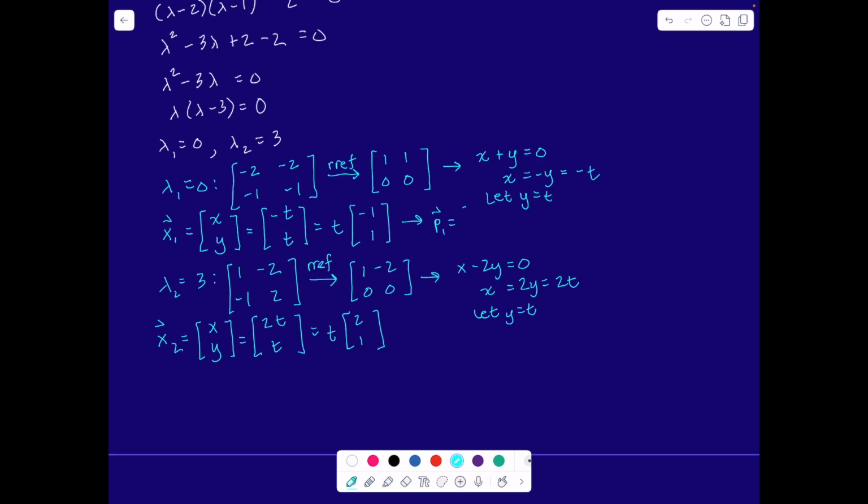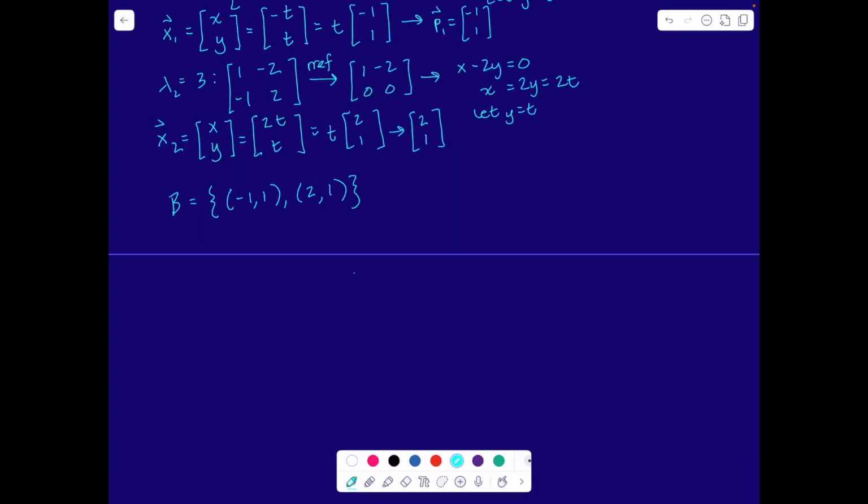Now, when you find a basis for that, we can say that our first column would just be (-1, 1) and our second column would be (2, 1). And so B will equal {(-1, 1), (2, 1)}.